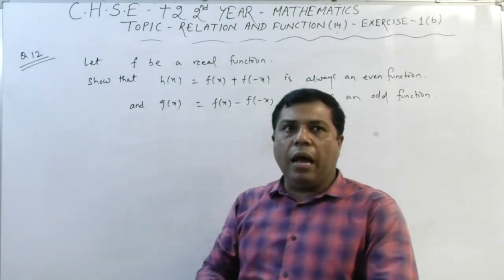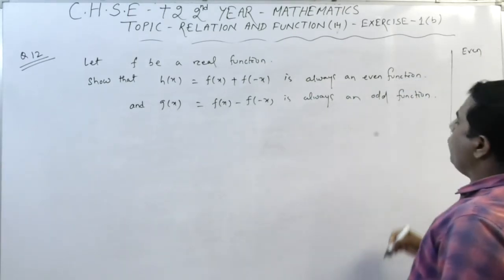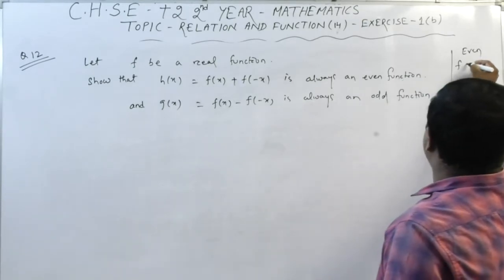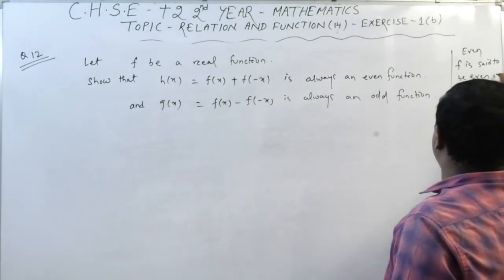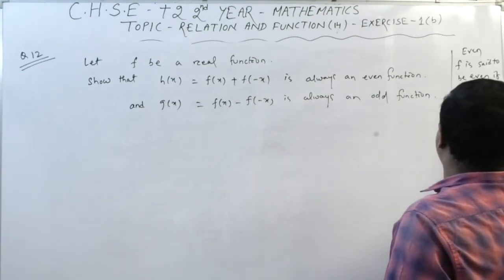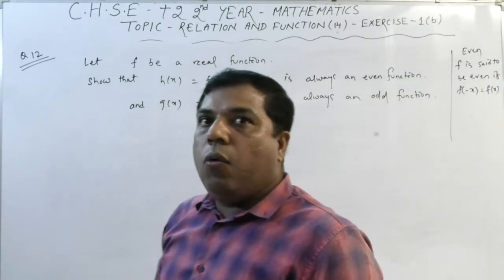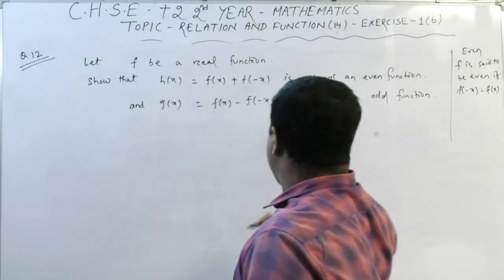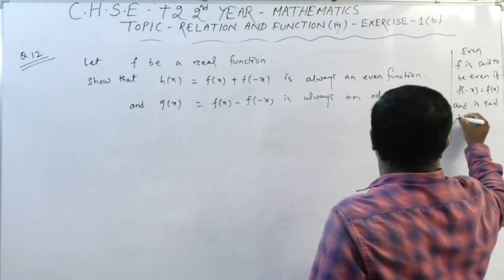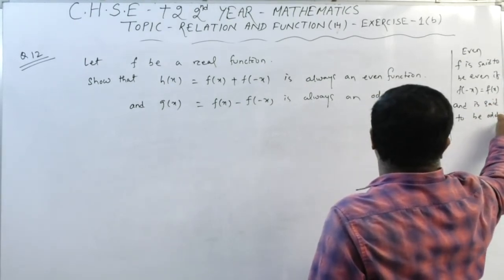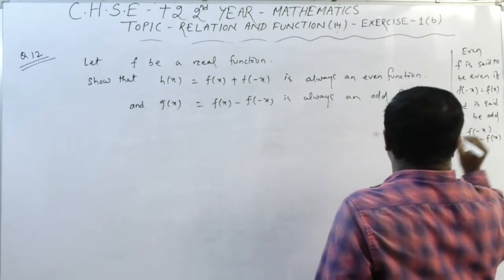Now, my dear students, you know the concept of an even function. A function f is said to be even if f of minus x equals f of x, and it is said to be odd if f of minus x equals minus f of x.